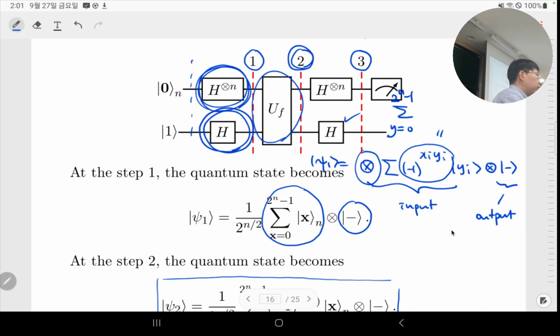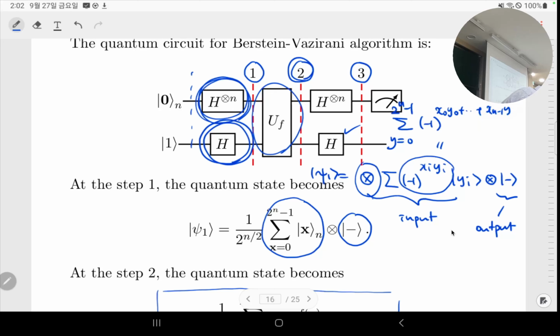But this is an exponential function, so you can rewrite this as minus 1 to the sum of these exponents. So this is minus 1 to the x0 y0 up to x_{n-1} y_{n-1}, and then you multiply it by the n-qubit state. That's the input register here.